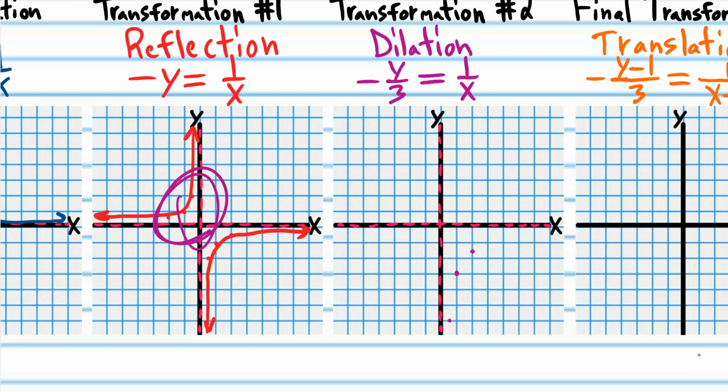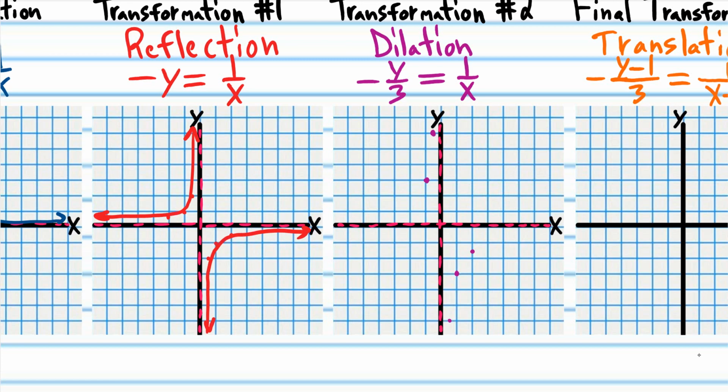Now this point over here at negative 1, 1 has a y value of 1. So it's going to have a new y value of 3. And this point here has a y value of 2, so that's going to have a new y value of 6. So that's up there. And this point has a y value of 1/2.